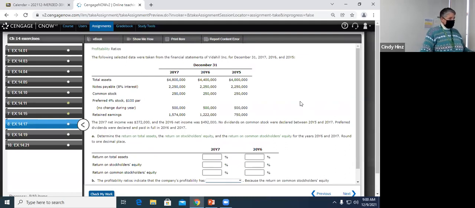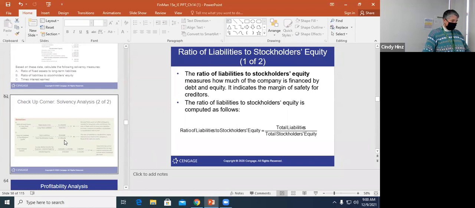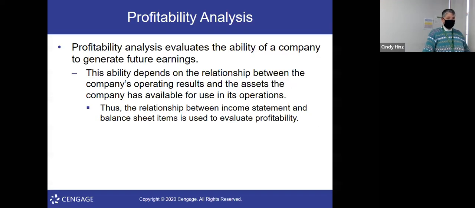Moving on then to exercise 8. And I need to go back to my PowerPoint just for a moment here and talk about what we'll be seeing in exercise 8. So exercise 8 is the profitability analysis. So we've looked at liquidity, we've talked about liquidity and solvency, and now we're looking at profitability.